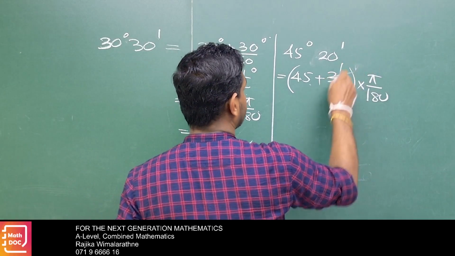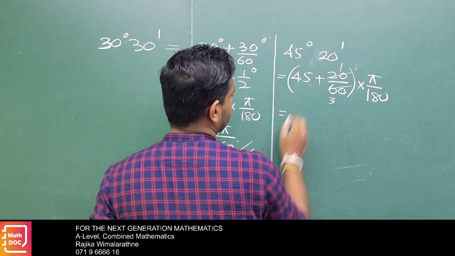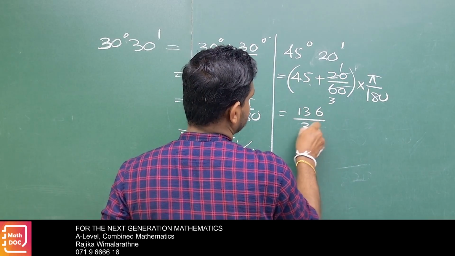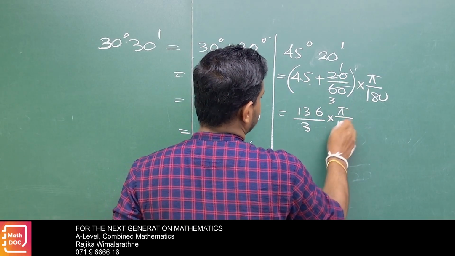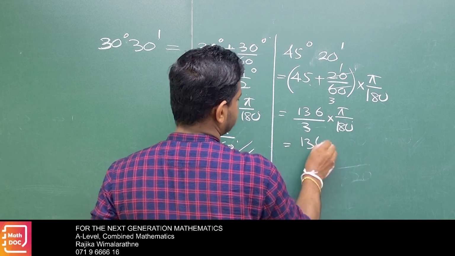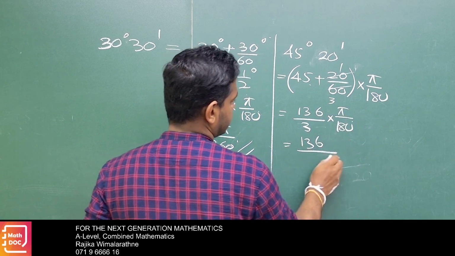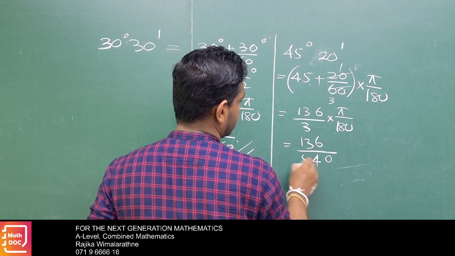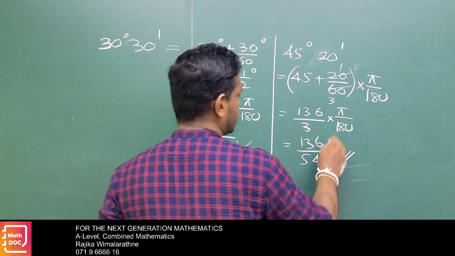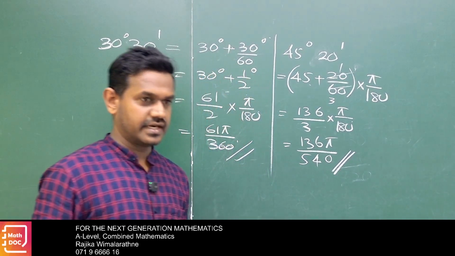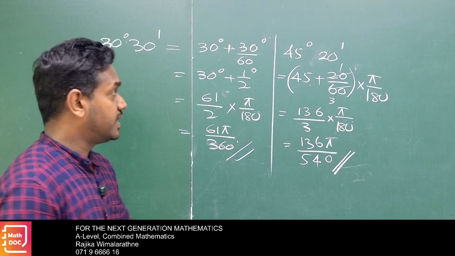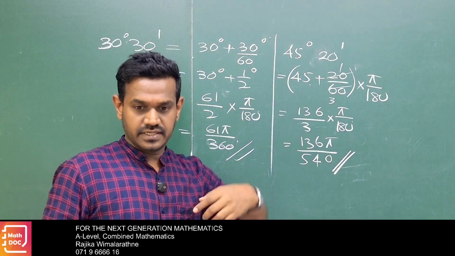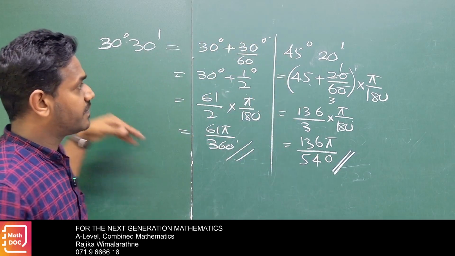Now simplify: 45 times 3, 135, 136 over 3, times pi over 180. 136 pi divided by 540, no? Then if we have minutes and seconds, we need to convert that into degrees. Okay? Do examples.